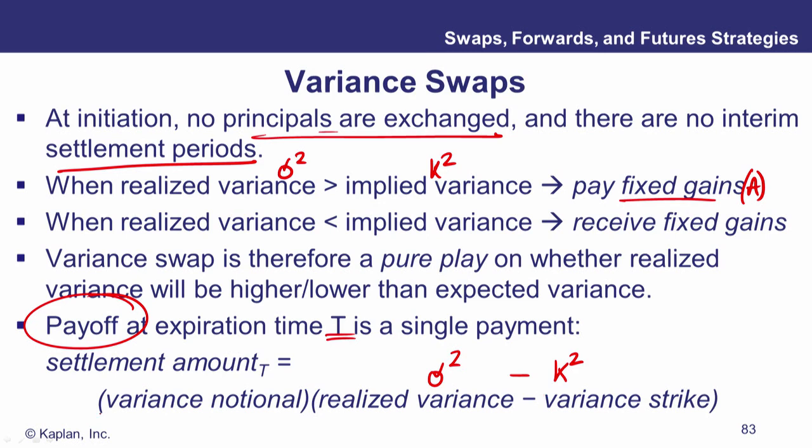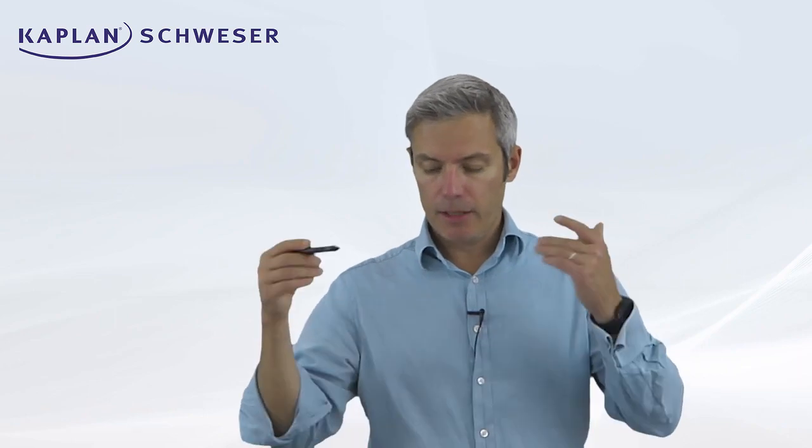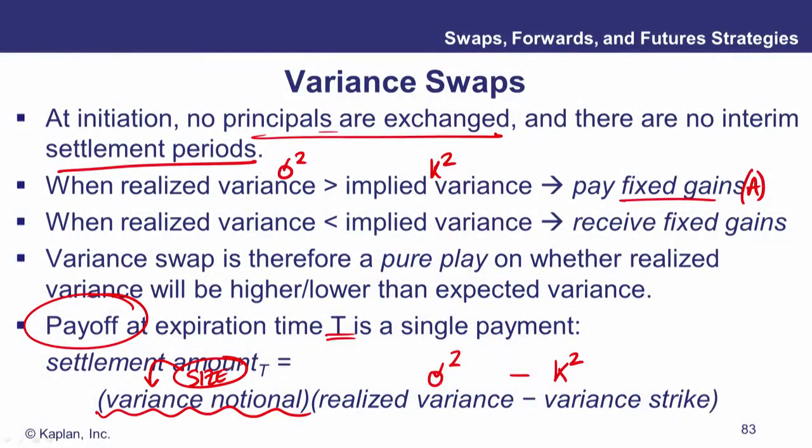And we do scale that up by a size, a variance notional. If you think about it, this variance notional is really set such that you've got a certain dollar exposure to a unit change in variance. If variance goes from 200 to 201, this goes up by 1. Notice I'm talking about variance.